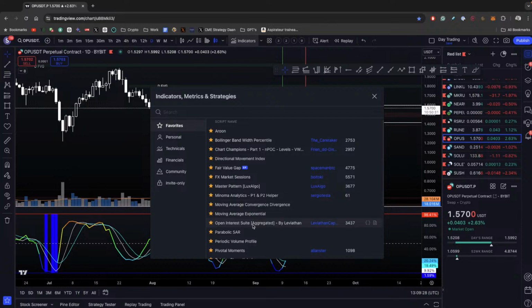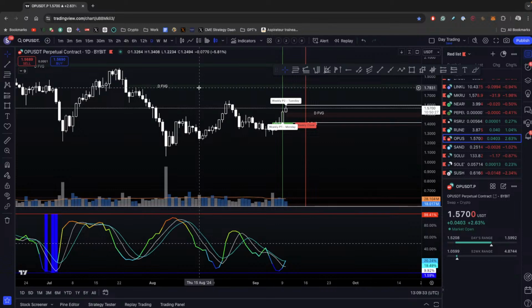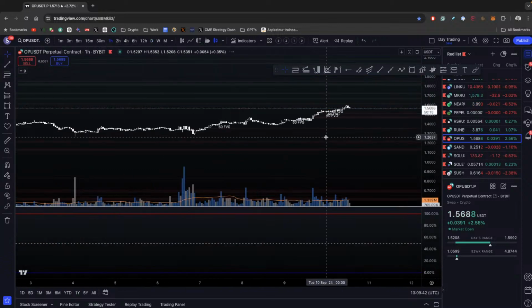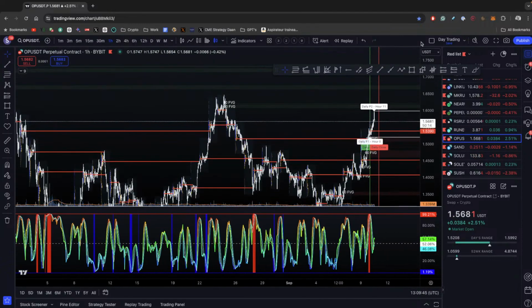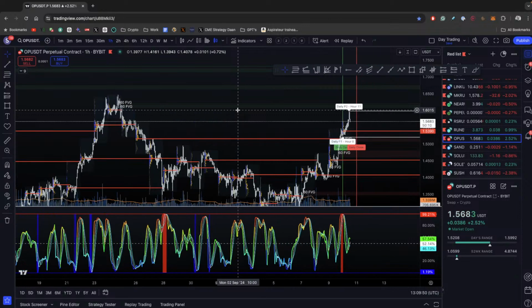One of the things I always have on when looking for trades is my periodic volume profile. Well, there we go, immediately. I'm looking for NDPOCs here, and I immediately see that this is pretty much an NDPOC as well.